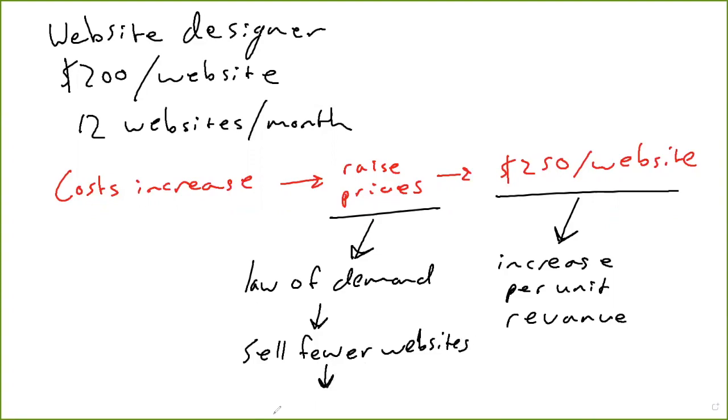So the question is, how many fewer? And then in addition to that, we'd like to know, is revenue going to increase or decrease or stay the same? Because we have two competing effects. The increased price per website is increasing revenue on each website sold, but the increased costs or increased prices are reducing the total number of websites sold.